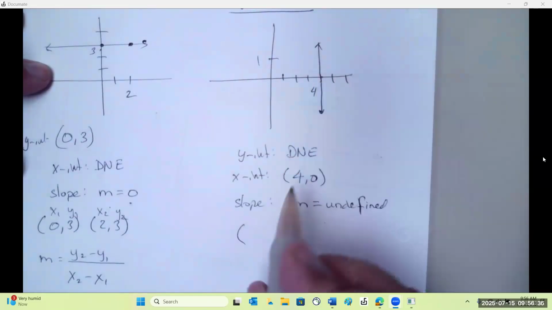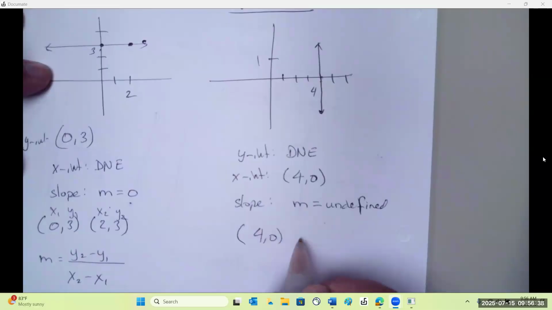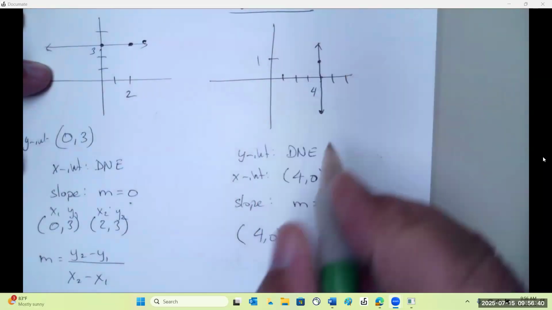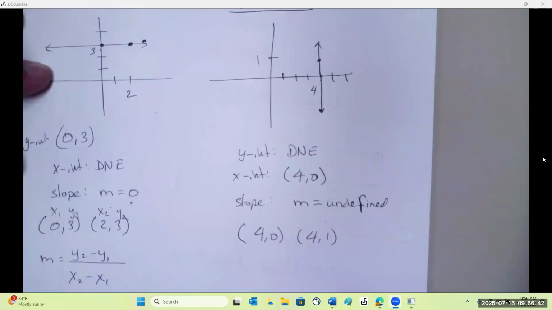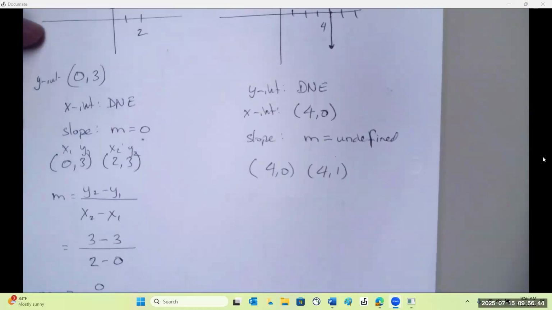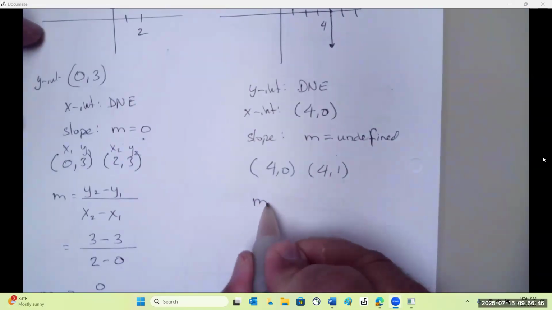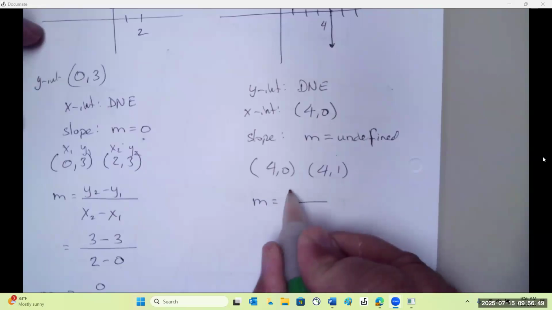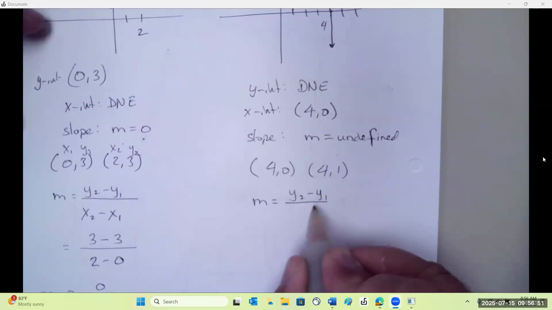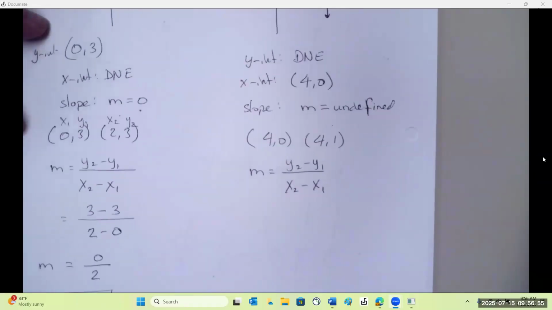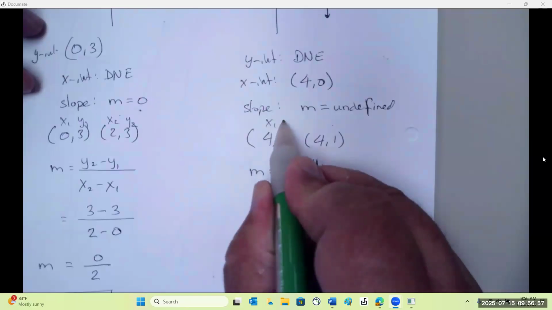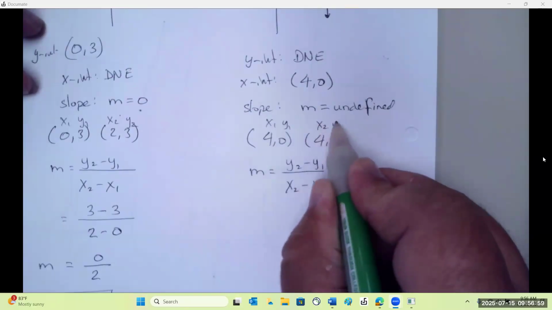We have the first point at (4, 0), and the other point is at (4, 1). So the slope, this is x1, y1, x2, y2.